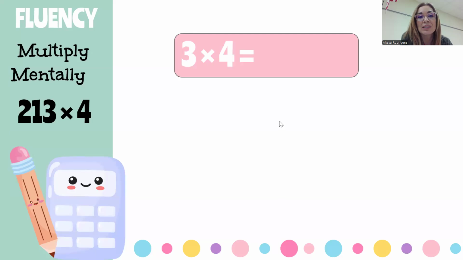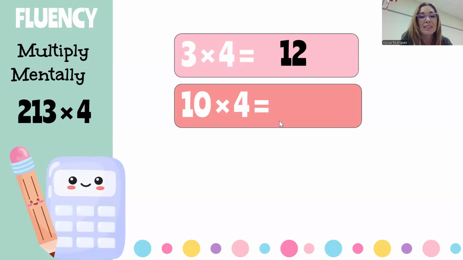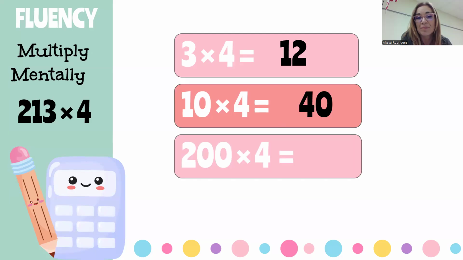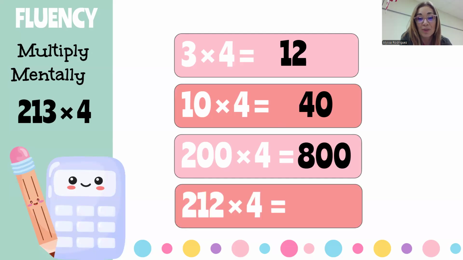Okay, next one. 3 times 4 is 12. 10 times 4 is 40. 200 times 4 is 800. Now work this one out on your board, even though it's not the same number that's on the side. Let's do the one that's on here.